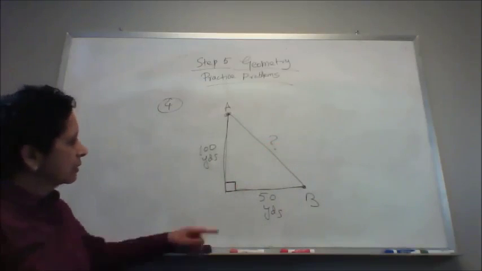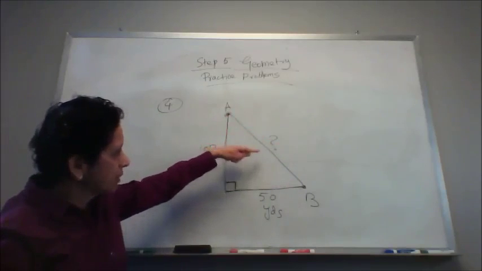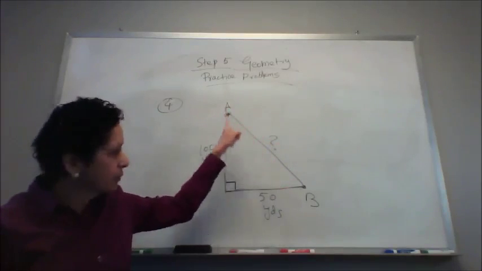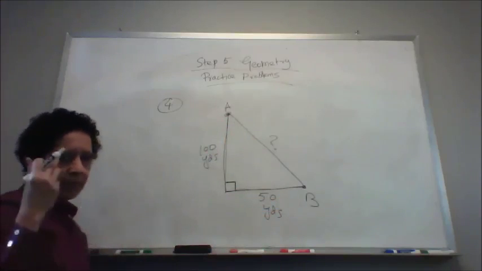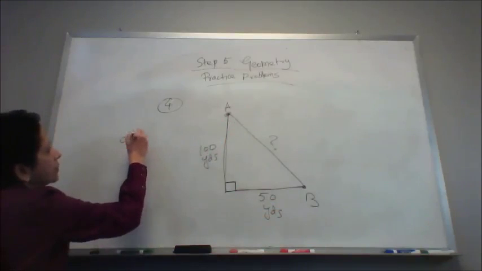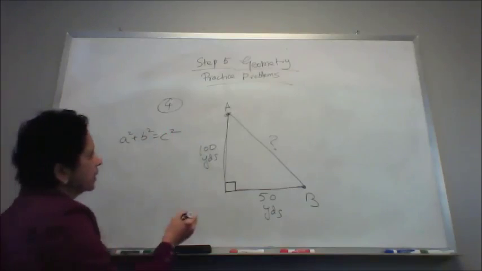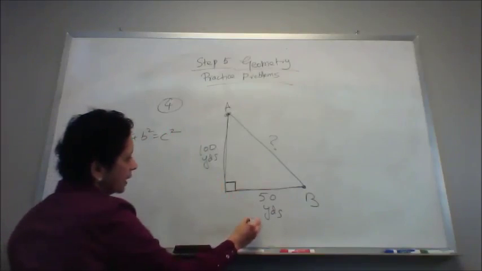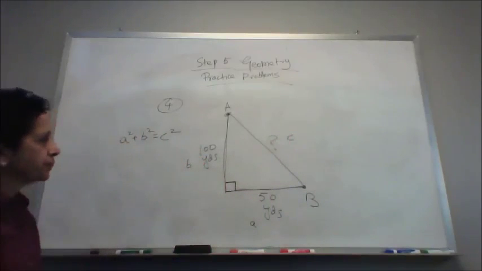In the right triangle, the longest side, which is opposite of 90 degrees, is called the hypotenuse. So we want to get the hypotenuse. Then the Pythagoras theorem, we remember, a squared plus b squared is c squared, where c is the hypotenuse. So this is a, this is b, and this is c.